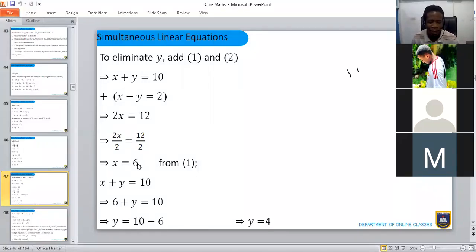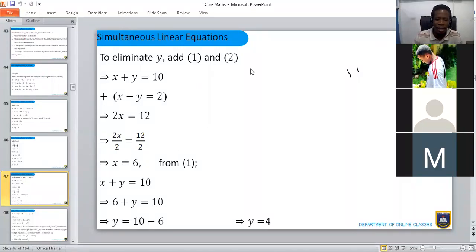So x plus y equals 10, I'm using equation 1. And x is 6, so I'll substitute 6 for x. That will give us 6 plus y is equal to 10. Then y is equal to 10 minus 6. y is equal to 4.